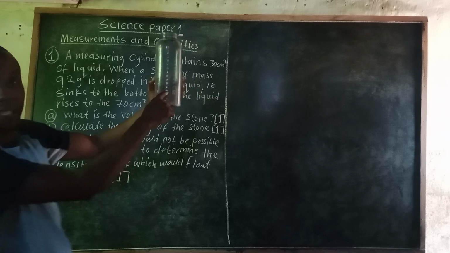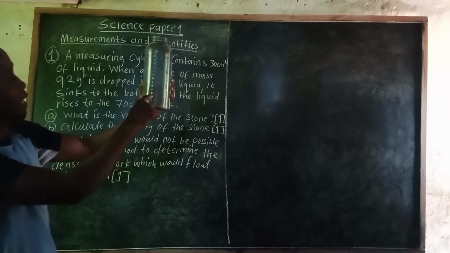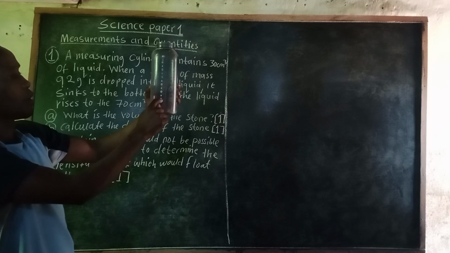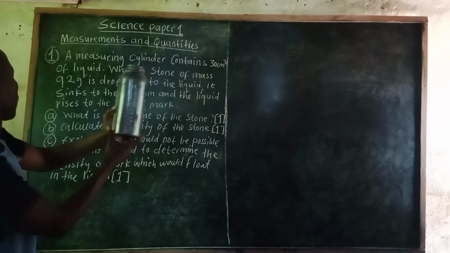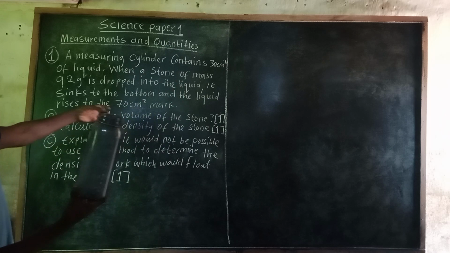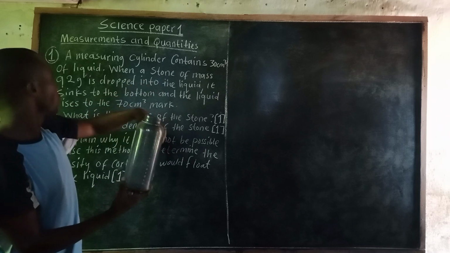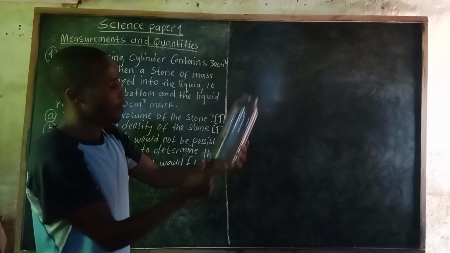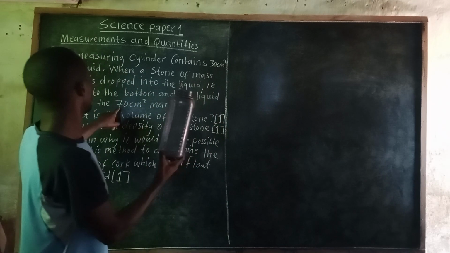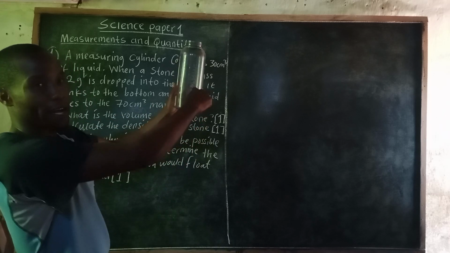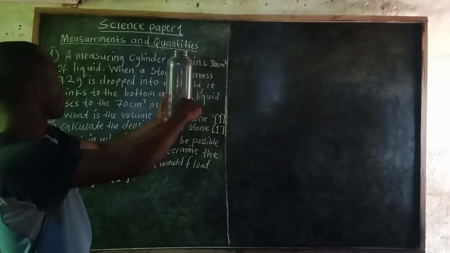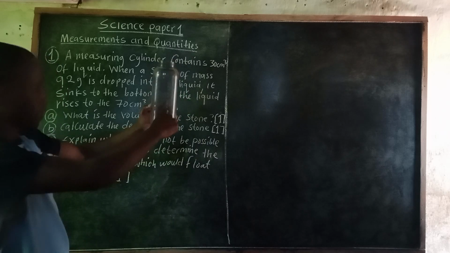And automatically, practically, water is going to rise from this level, going up. According to the statement here, when that stone was dropped, water rose up to 70 centimeters cube. So we are going to say somewhere here now. This is now the volume of this measuring cylinder.